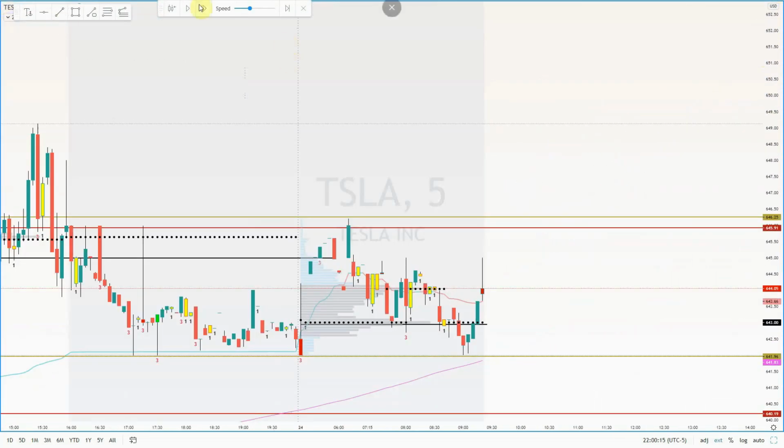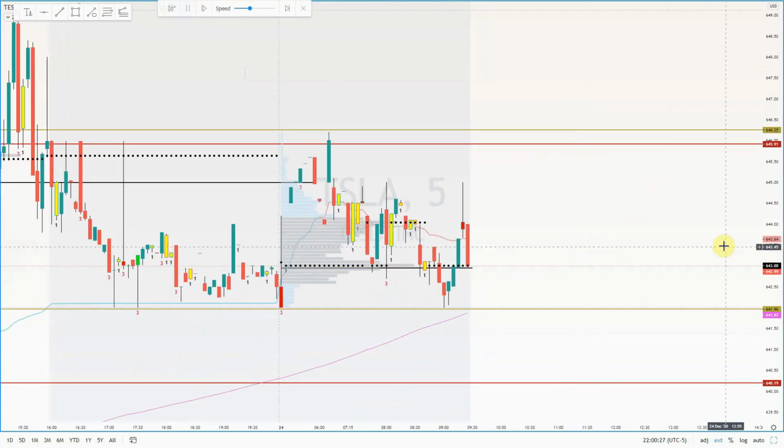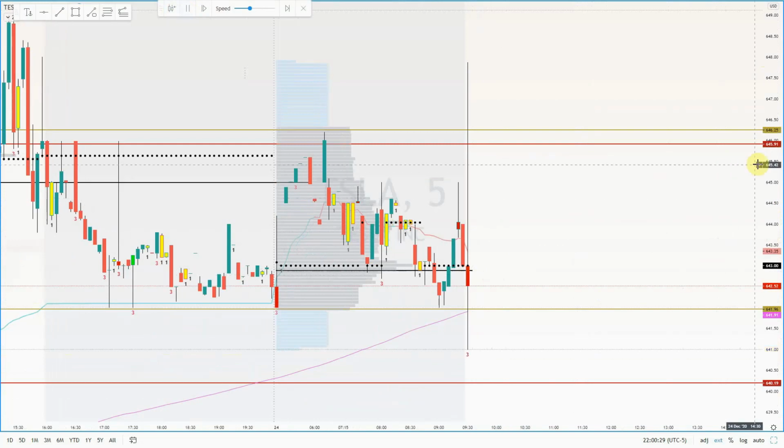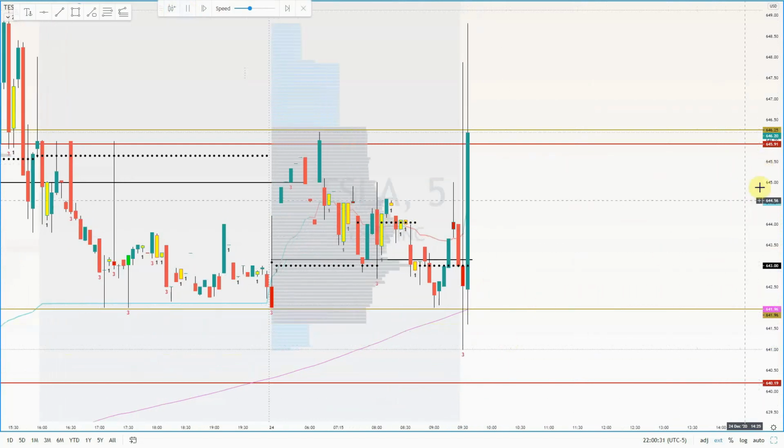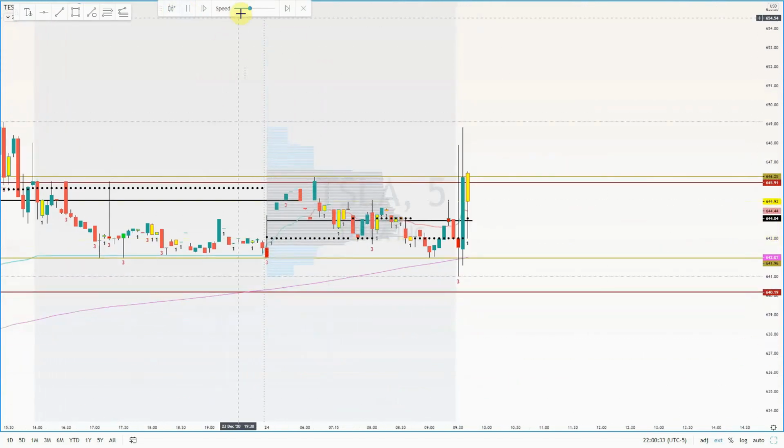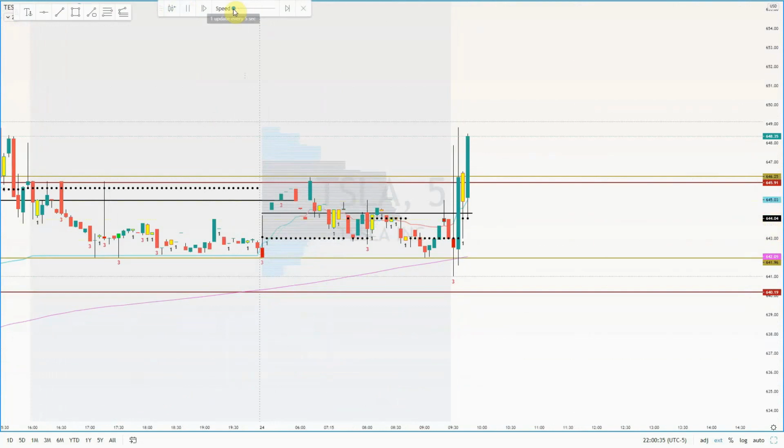So let's look at the same trade on the 5-minute chart with the volume profile on. So I'm just going to hit play. Down and tests the bottom of that range. Let me slow this down a little bit.